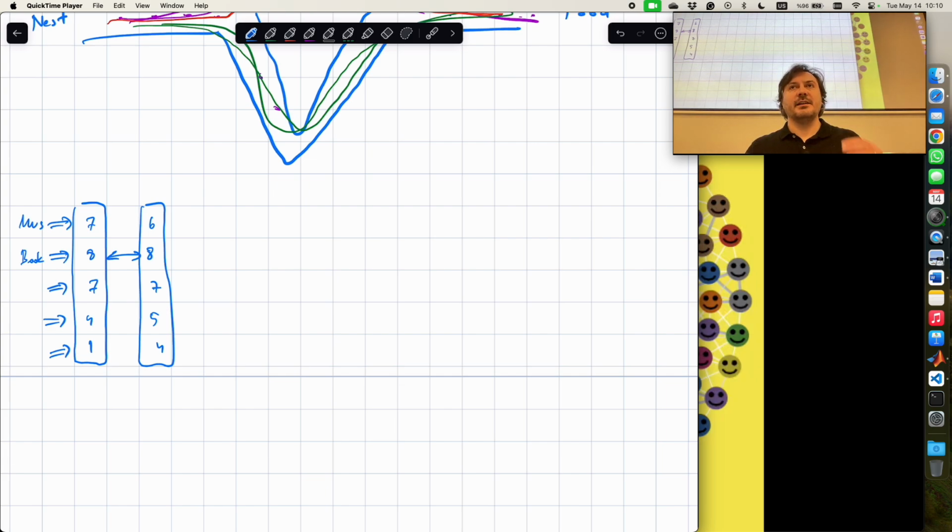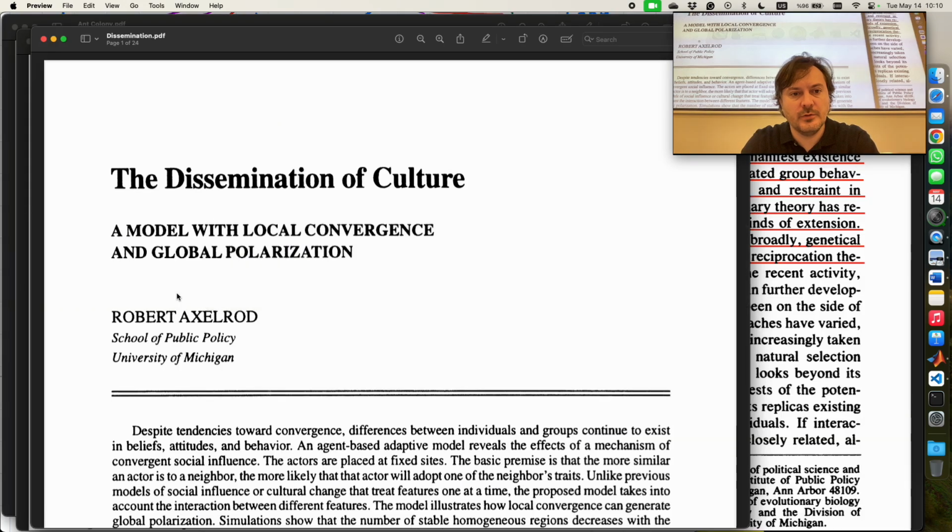So what happens is that if you play it on a map, people who are close by get the same kinds of interests, which corresponds to local convergence.